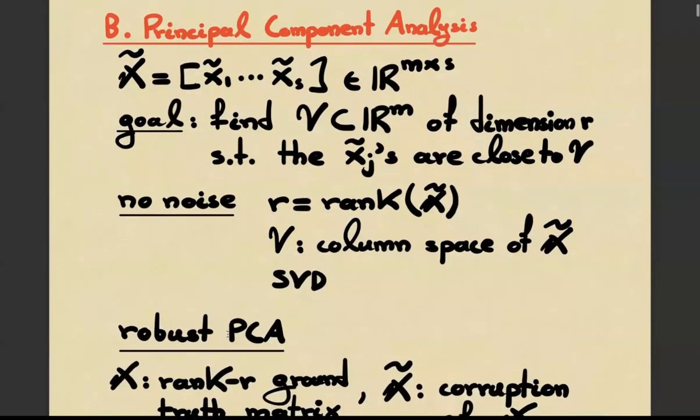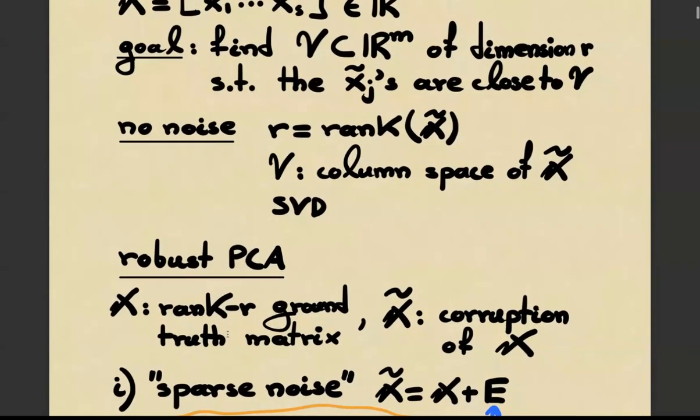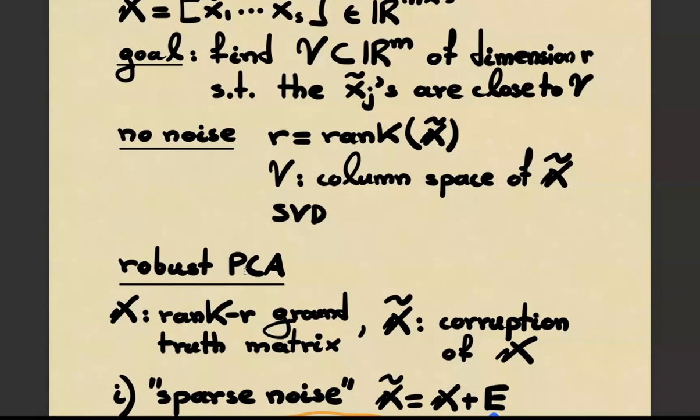Now, what if we have noise? If we have noise and data corruptions, principal component analysis becomes robust principal component analysis. And the setting is the following. There is a rank r ground truth matrix X. And what we observe is a corrupted version of X, X tilde.